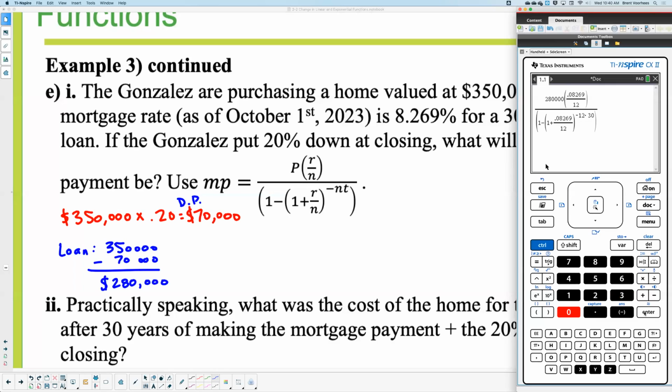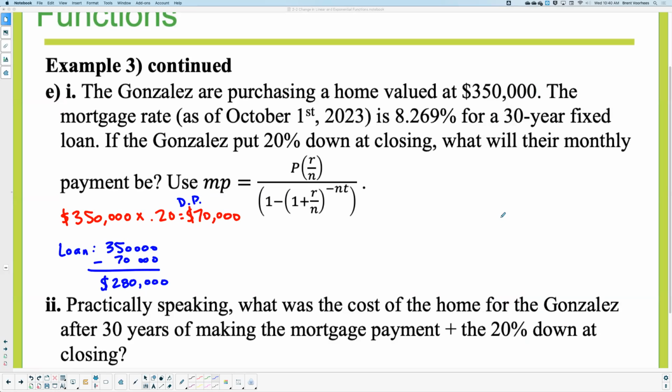Press enter. This tells you your monthly payment. How much are you paying monthly? $2,107 and 29 cents.